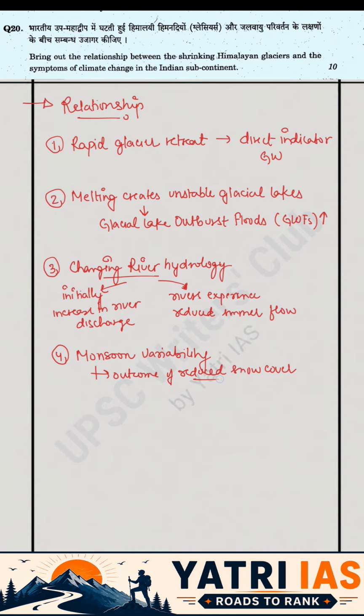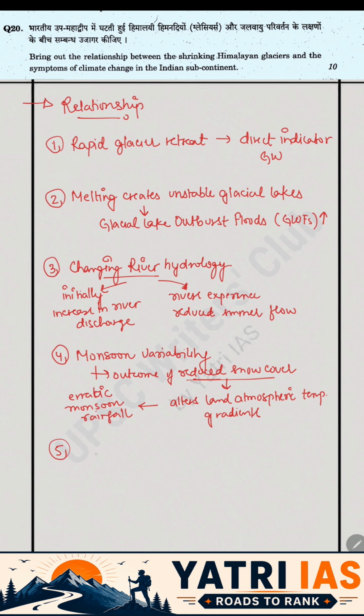When snow cover reduces, it alters land atmospheric temperature gradients, which results in erratic monsoon rainfall. So this monsoon variability also establishes the relationship between shrinking Himalayas and climate change.